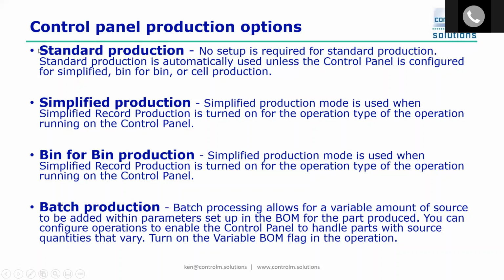None of these are actually controlled with control panel settings. We can change the flavor of how it works and all the bells and whistles, but standard production, simplified production, bin for bin, and batch production are controlled at the operation or operation type level. So if you're looking at settings on the control panel, you're not going to find them there.